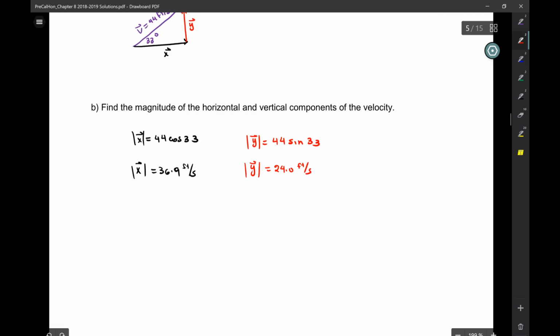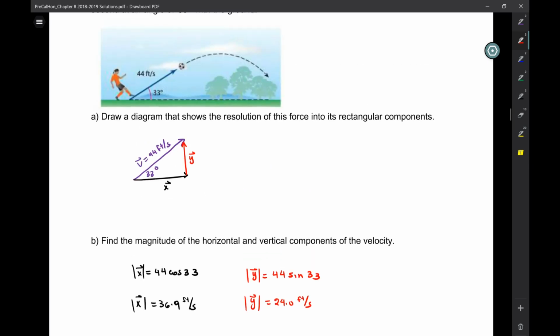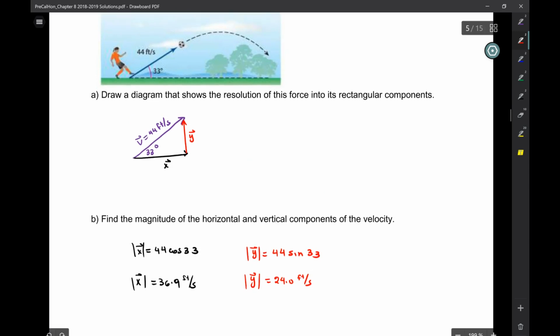If we got 50 for either X or Y for the magnitude, we would have to figure out something else, because that doesn't make sense. These are right triangles, so these components are going to have a value less than the original vector.